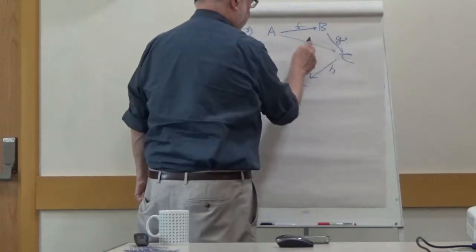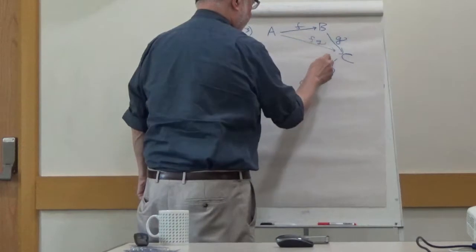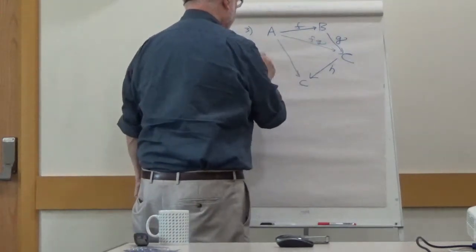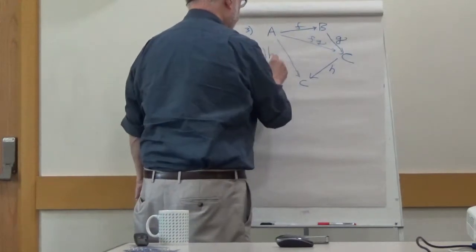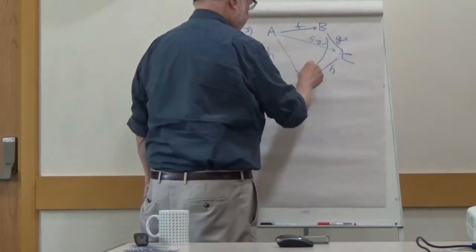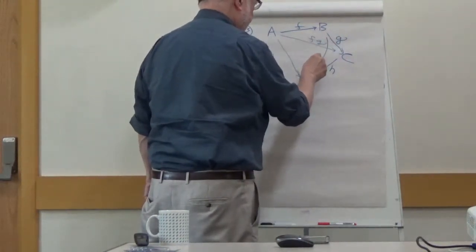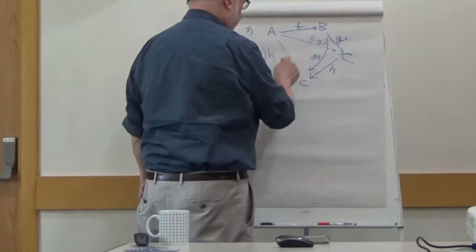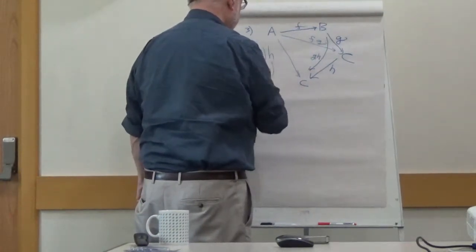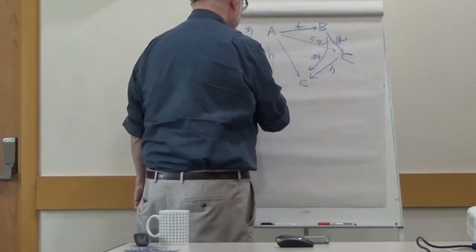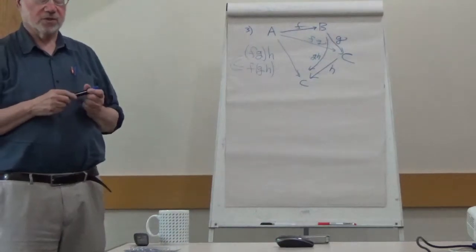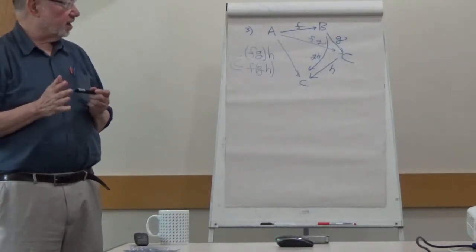You could compose F with G, and then you could compose that with H, forming FG and then H. Or you could have looked at B and C first and formed GH, and then you could have formed F with GH. And the axiom is that these are equal, that the composition of morphisms is associative. I've now reached the end of the definition.